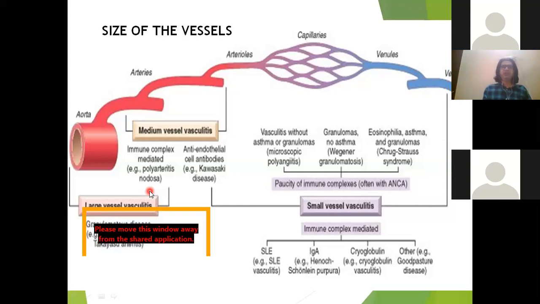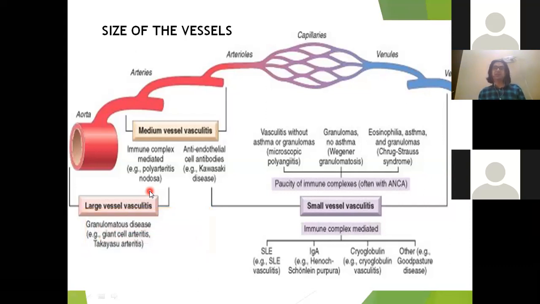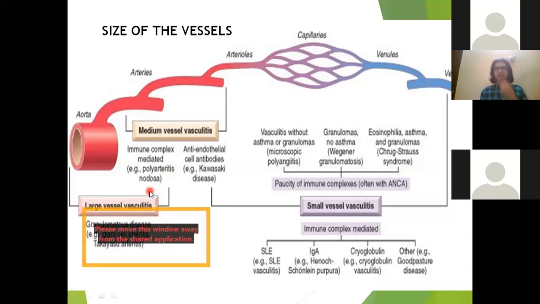So there would be decreased blood supply to the upper limbs, and so it is also called pulseless disease, right? Pulseless disease. That is, if the clinician tries to take the pulse, it is very difficult to locate the pulse because there is very little flow in the blood vessels supplying the upper limb, right?